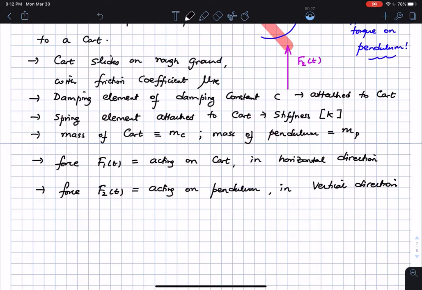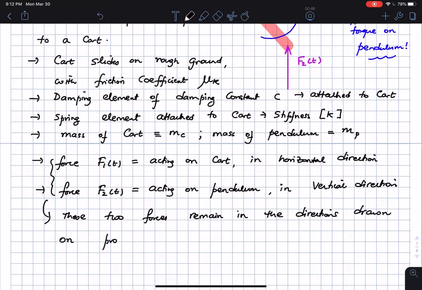And the important thing is these two forces remain in the directions drawn on the problem at all instances in time.